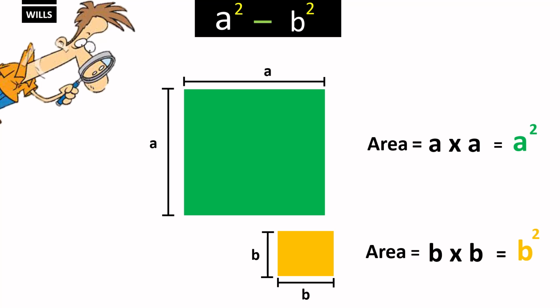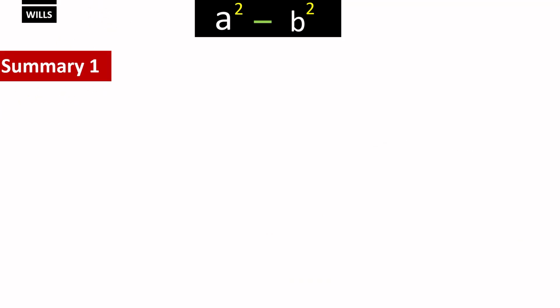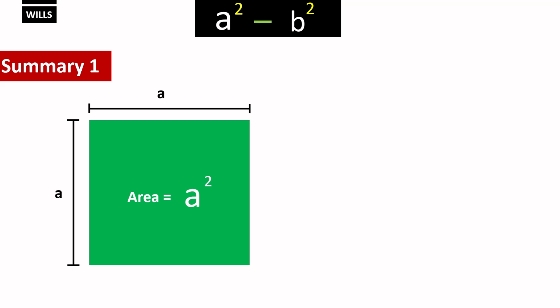In summary, we have been able to represent the two terms involved in our expression using diagrams. That is, a squared for the first term and b squared for the second term.